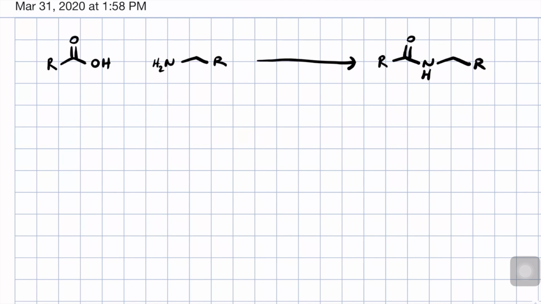The danger here is that if you use an acid to try to turn the OH into OH2 as a good leaving group, you're going to protonate the basic amine.